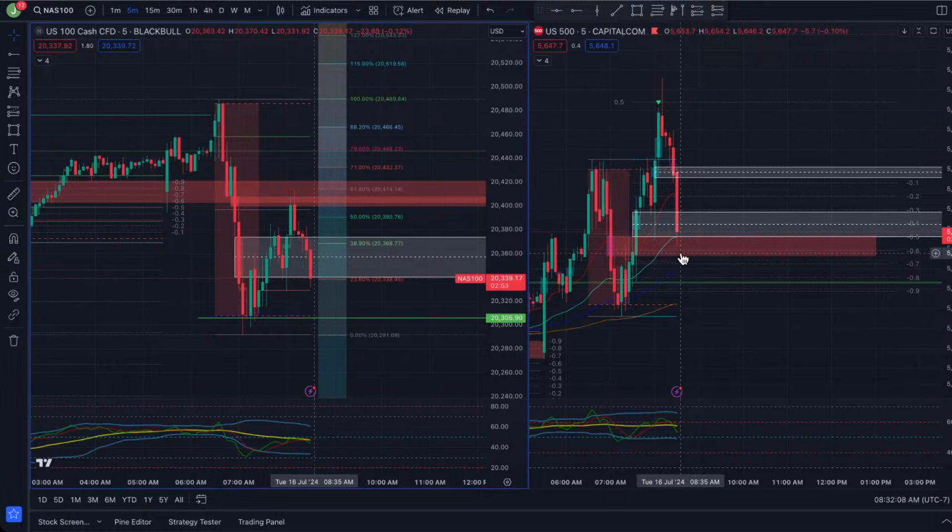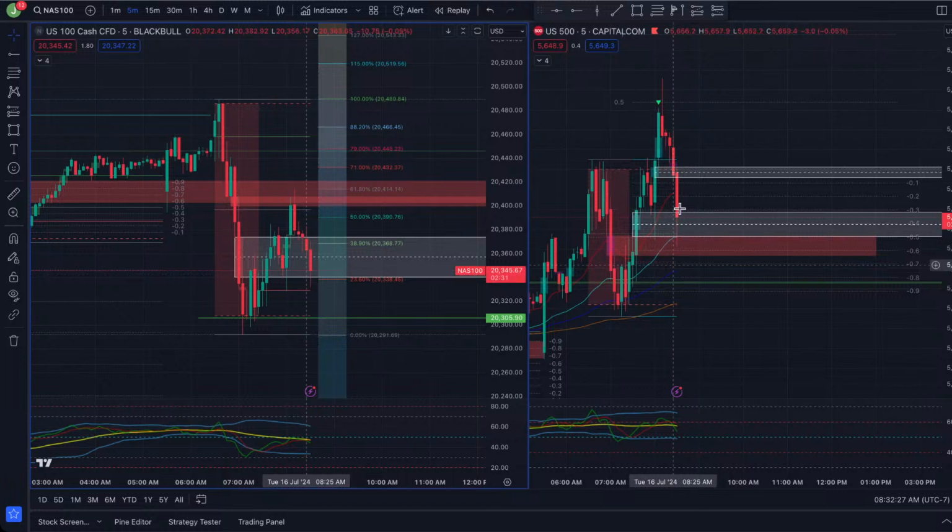US 500 rejecting off the New York fair value gap. Two minutes 43 seconds left for this candle close. Let's see if we close in this fair value gap and above this consequent encroachment.